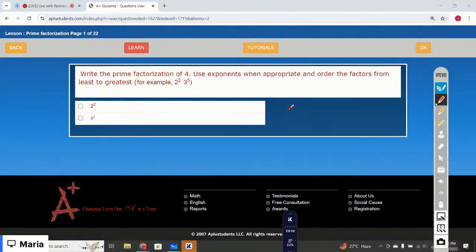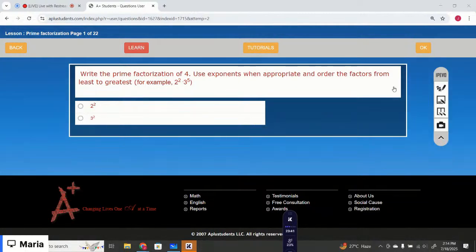So 4 divided by 2 is 2. And then 2 divided by 2 is 1. So the factors are 2 times 2. These are the prime factors. And we can write it as 2 square. The correct option is option number 1. That is 2 square.